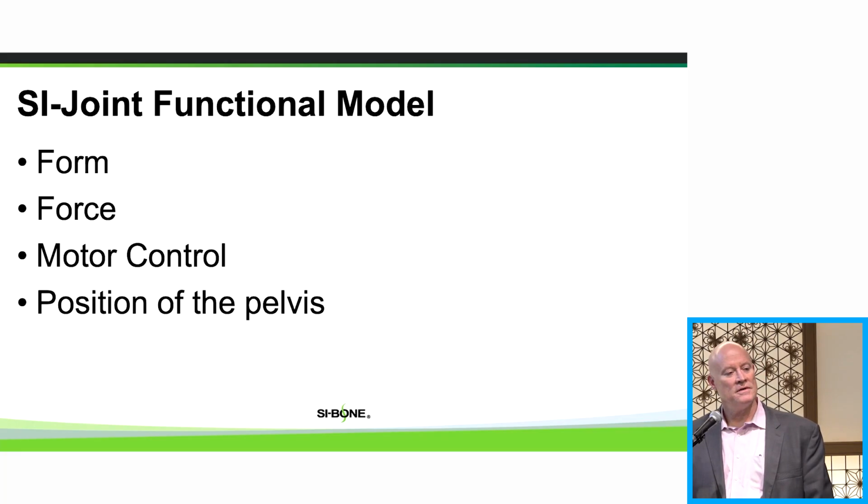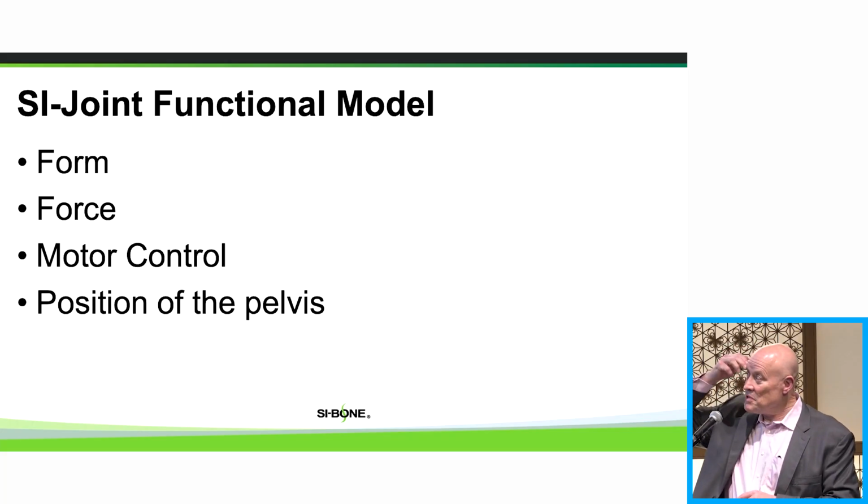Hip pathology, spine pathology, SI joint pathology, abnormal muscle firing. Muscles fire in the wrong sequence, they don't fire in the correct duration, they might not fire at all. And as our PT colleague here was showing us, there are rehabilitation programs to retrain the muscle firing.